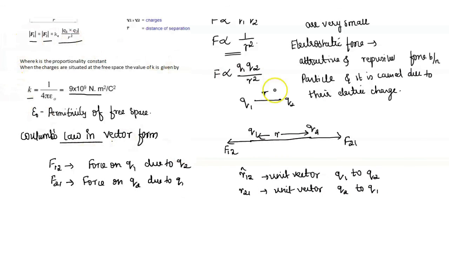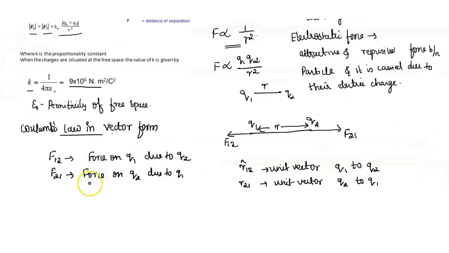Then the equation of force becomes F12 equals 1 divided by 4 pi epsilon naught Q1 Q2 divided by R square, with the unit vector R21.